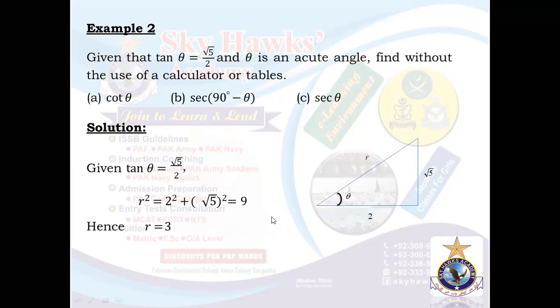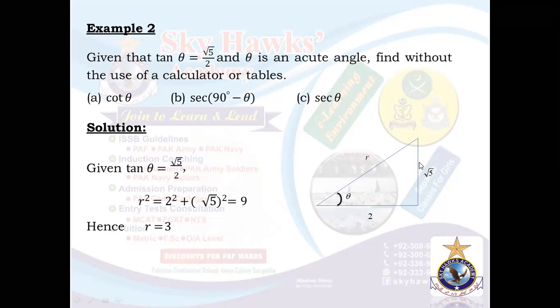Now you have the R, so you can find out the 6 ratios. But you will have to calculate only 3. Cot is very simple, the reciprocal of this. Cot is this one. Secant of this angle is square root of 5 to R, which is 3.